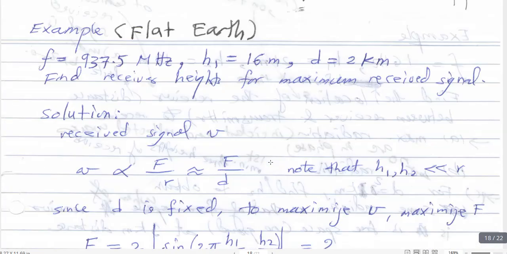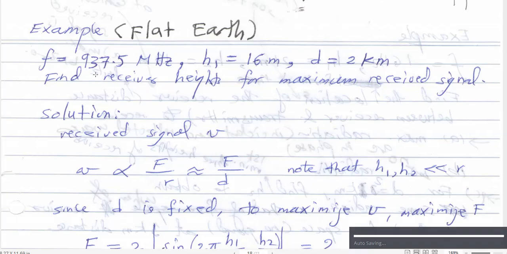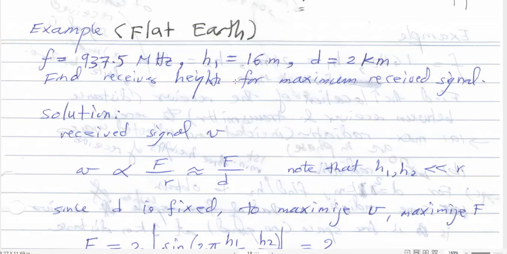An example here on flat Earth. The frequency is 937.5 megahertz. The height of the transmitting antenna is 16 meters, and the distance between the transmitting and receiving antennas is 2 kilometers.